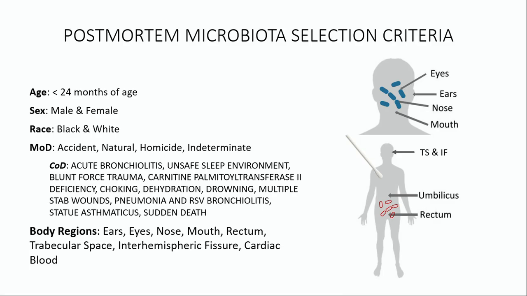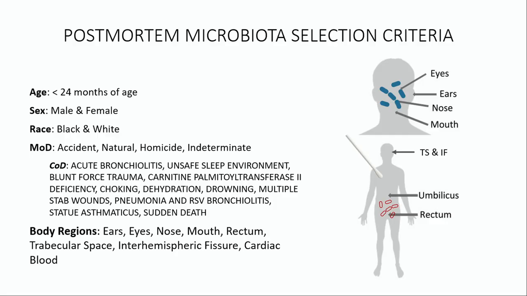That was the least number of cases that we had. And then for this particular one, we had males, we had females, and then we had black and white individuals. And so these were all bodies that were being autopsied at the Wayne County Medical Examiner in Detroit. And what we had was a wide scale of different manners of death.